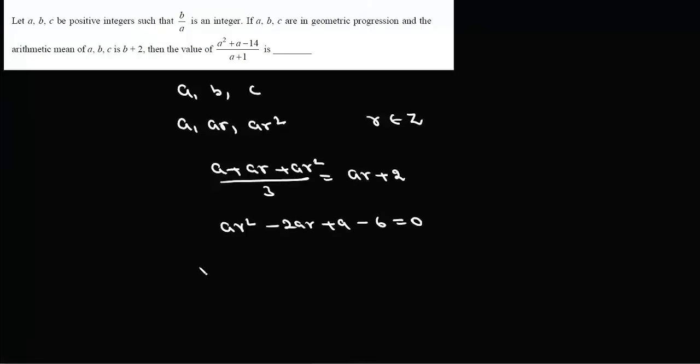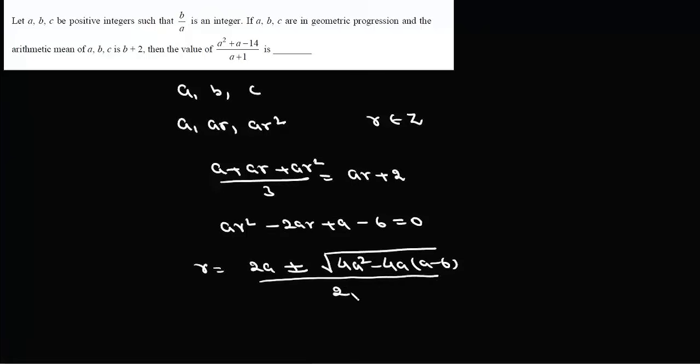Now basically we'll get R as 2A plus minus under root of 4A square minus 4A into (A minus 6) upon 2A. Now this 2 will cancel.